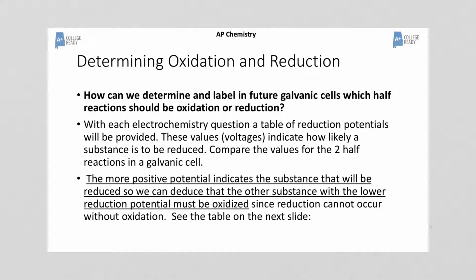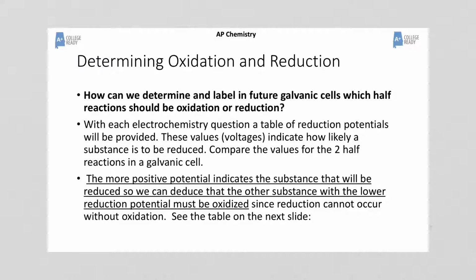And this is really where this voltage comes in. With each question, you'll be given a table of reduction potentials. And when we say potentials, think of voltage. We'll talk about this a little bit later too. These values, these voltages, indicate how likely a substance is to be reduced.